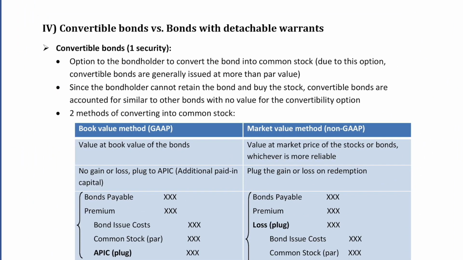First, the book value method. Put a box around that. On conversion of the bonds to common stock, the value is at book value of the bonds. So there is underlined no gain or loss, and the plug is to APIC. If you look at the journal entry for conversion, the debit is to bonds payable because they are no longer outstanding. Any premium is also written off. So box bonds payable and premium and write bond carrying value.